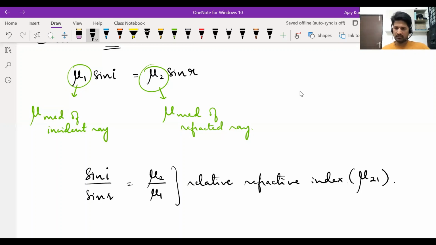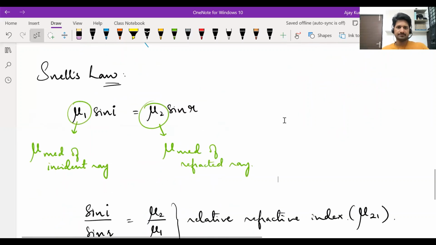Mu21 is mu2 by mu1. Mu12 will be mu1 by mu2. Anyway, these days in exams, they don't give you relative refractive index, they give you the actual values only. So you can clearly understand which is mu1, which is mu2, and how they have to be divided. Fine.